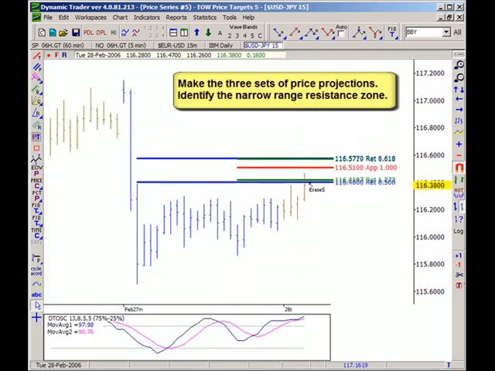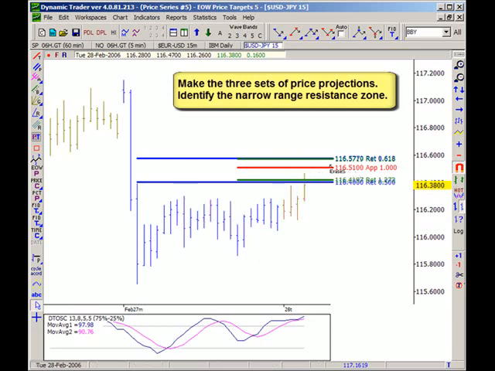So there we have the 50 and 62% retracement, and we have the 127% external that's just right over the 50%. Then here's our 100% alternate price projection, and of course that's the one we focus strongly on. 62% retracement, internal retracement, and the 162% external retracement falling on top of it.